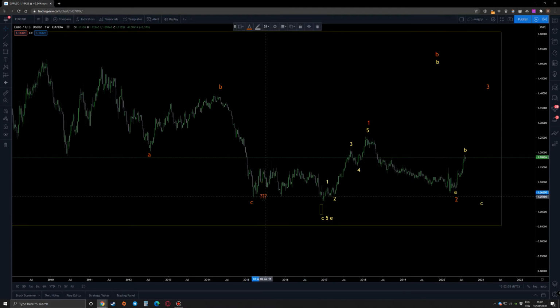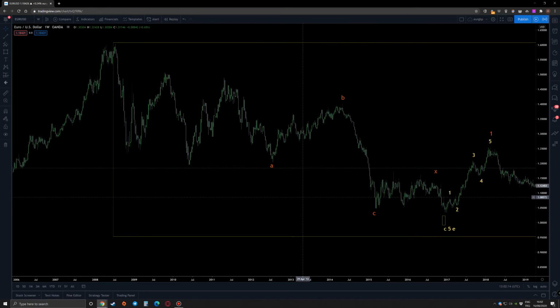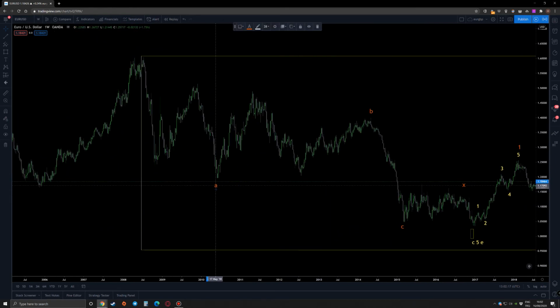And if this is a C wave, then did this end something here? Is this a simple correction or not? We don't know. Then it means we are looking for an X wave now, and then whatever this is, A, B, C, D, E or whatever. Now look, if I go back and say this is the A wave, this is the B wave, this is the C wave, now this previous A wave is a different wave. Now it's an X wave.